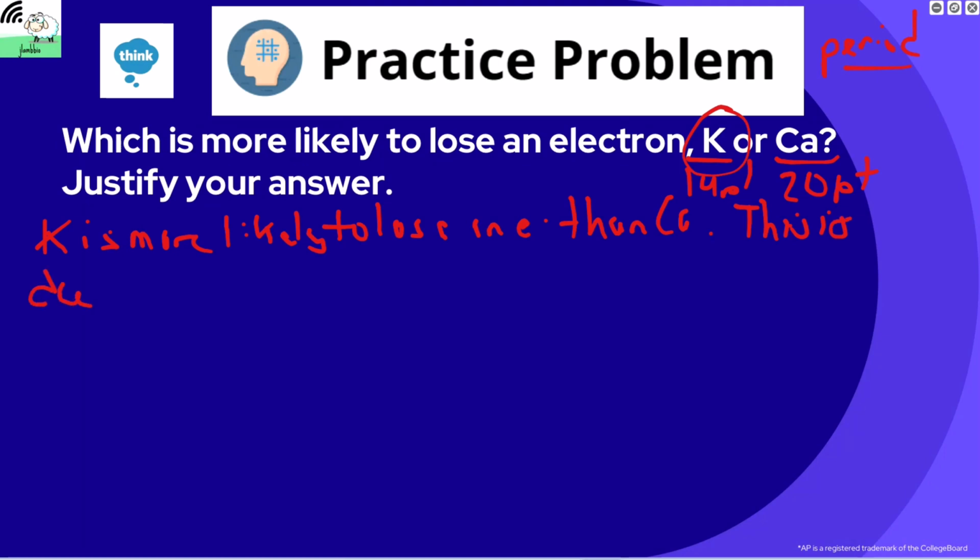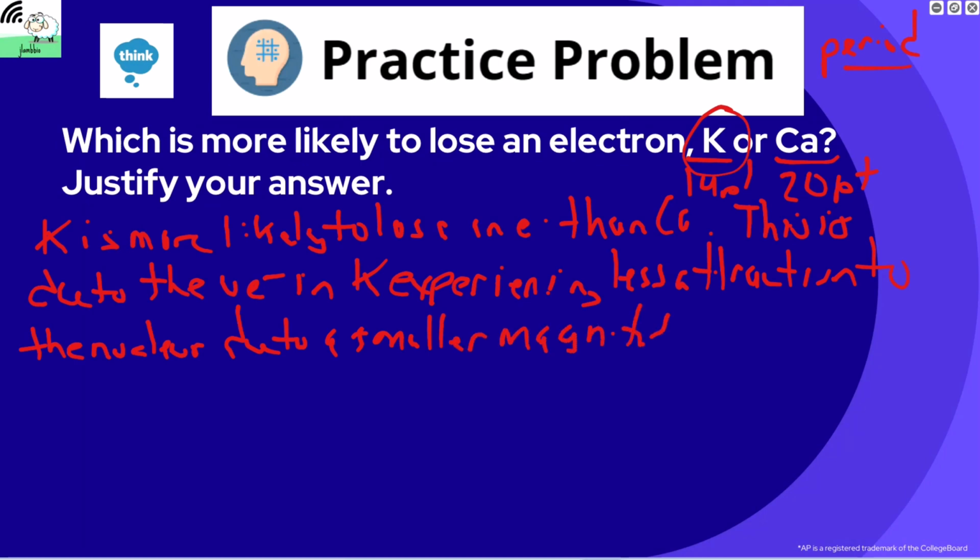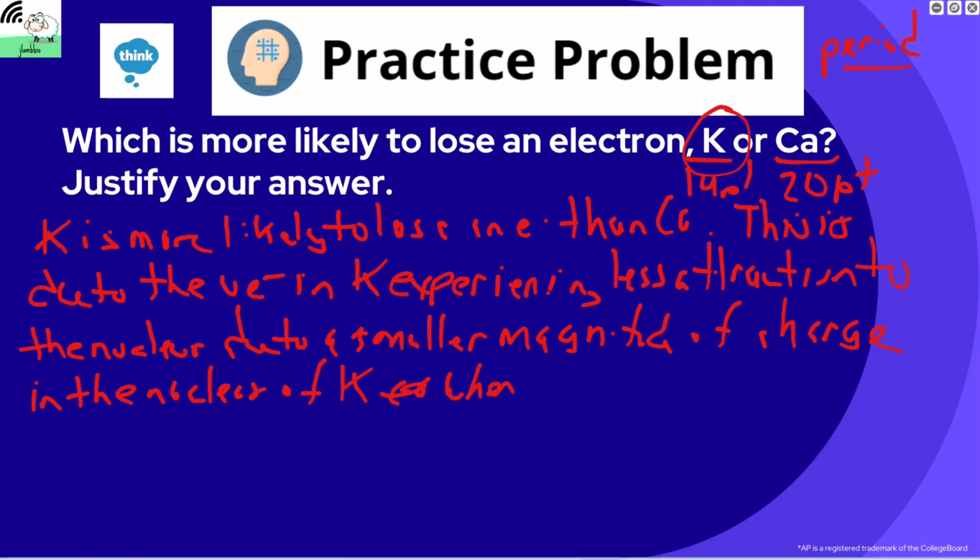This is due to the valence electrons in potassium experiencing less attraction to the nucleus due to a smaller magnitude of charge in the nucleus of K when compared to calcium.